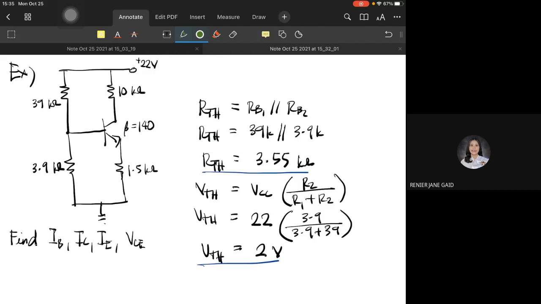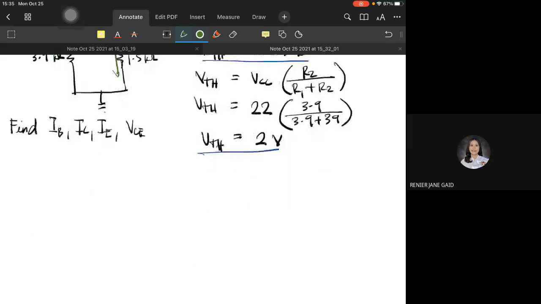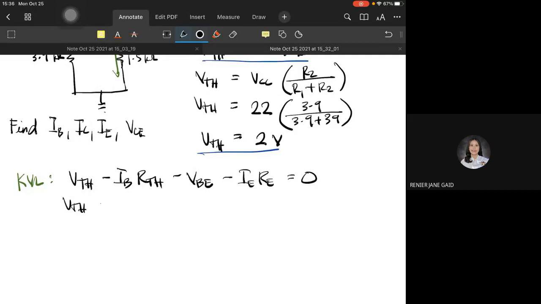So, assuming we have found the Thevenin equivalent, we do KVL here. VTH minus IB RTH minus VBE minus IE RE equals 0, or with IE equal to beta plus 1 IB.